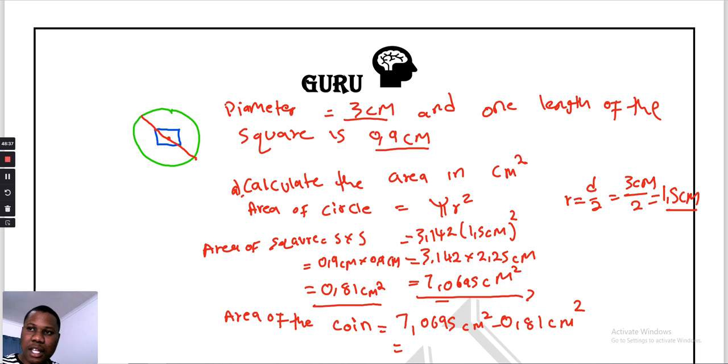Okay, 0.81 minus 7.0695. So it gives us 6.2595. So we can say 6.26 centimeters squared. That will be the area of our coin.